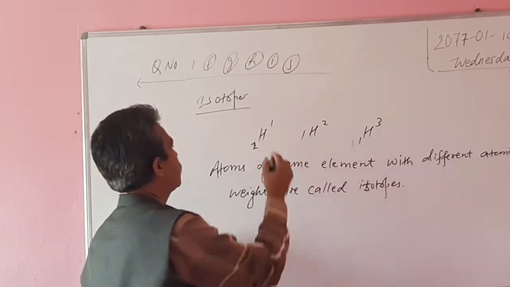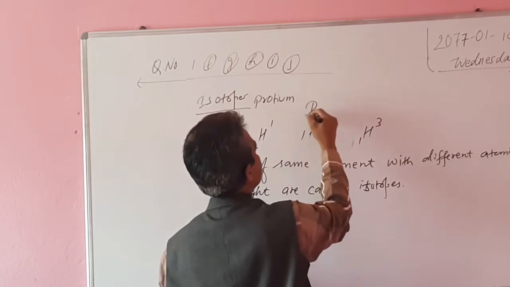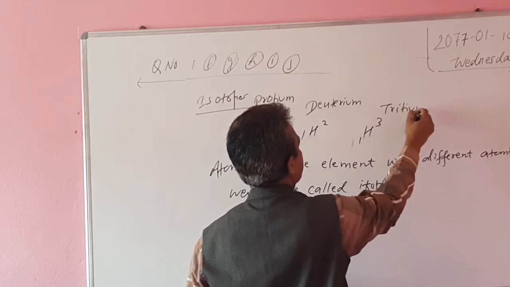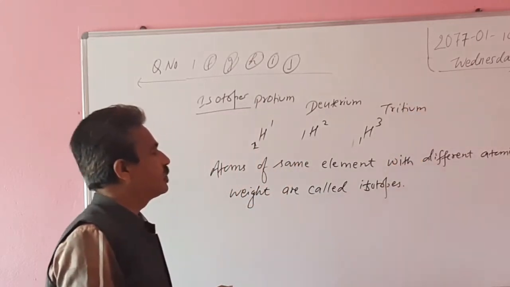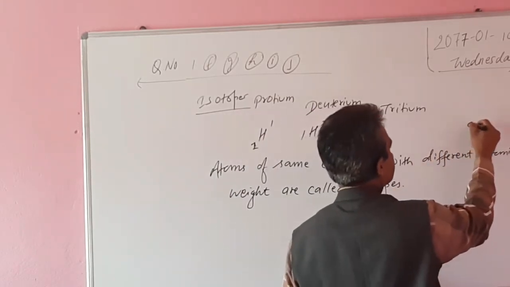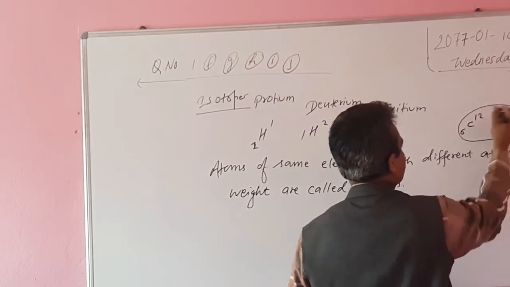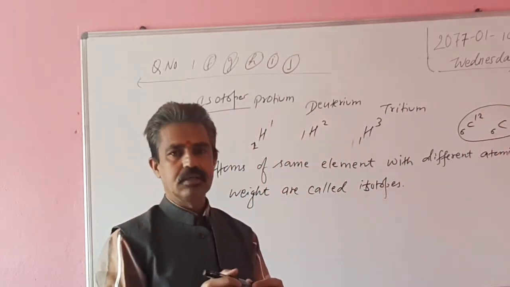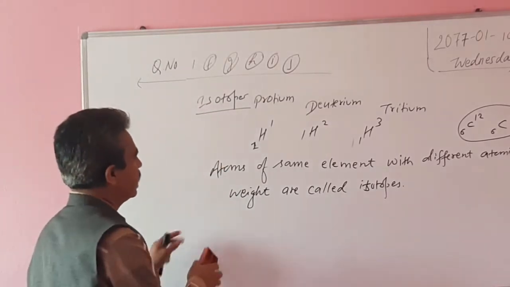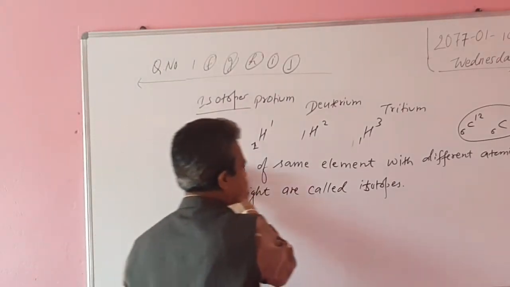What is its name? Protium, P-R-O-T-I-U-M. This is deuterium, and this is tritium. Protium, deuterium, tritium. These are isotopes. Next, isotopes of carbon are C-12 and C-14. These are also examples of isotopes. Okay, we have discussed one question. Atoms of same element with different atomic weight are called isotopes.